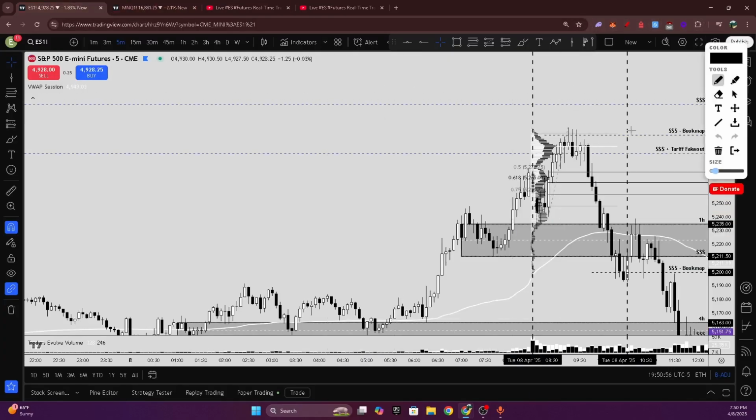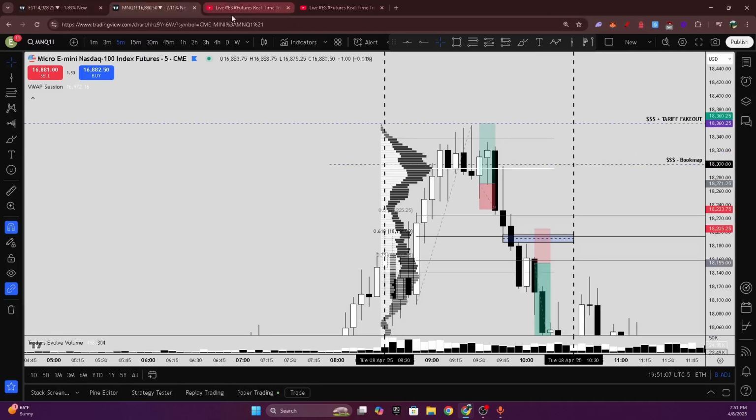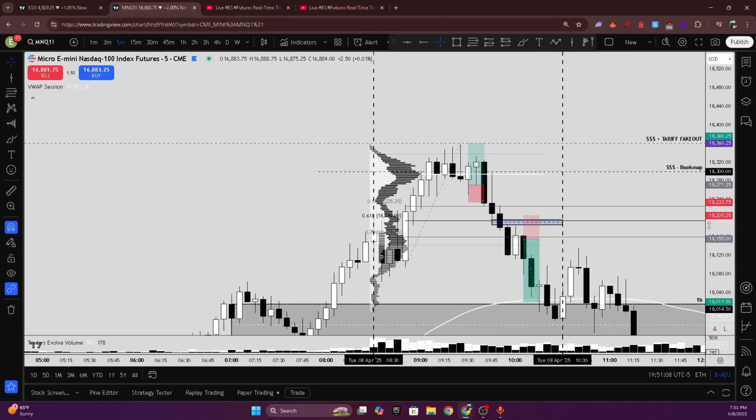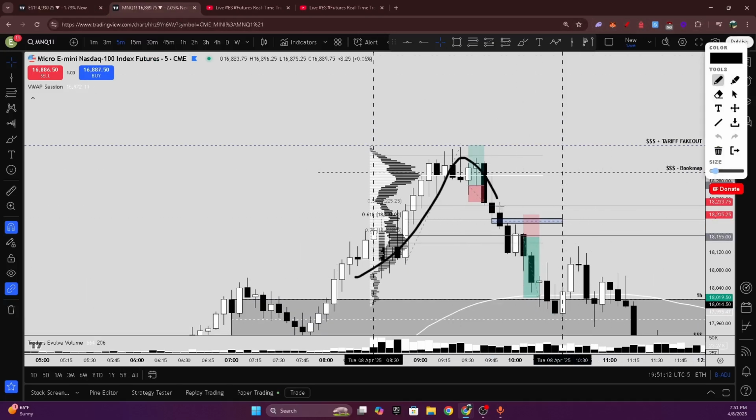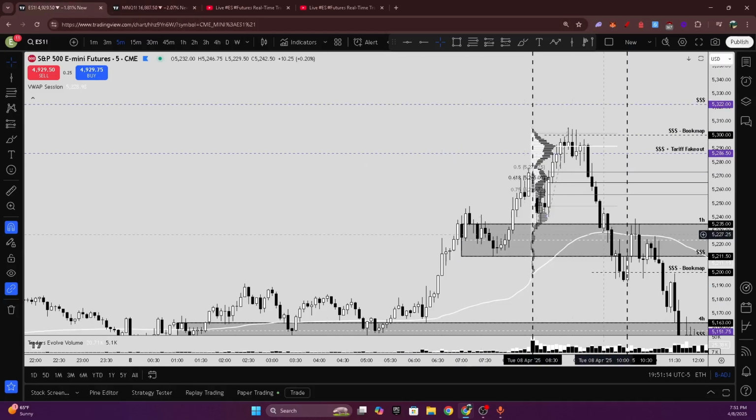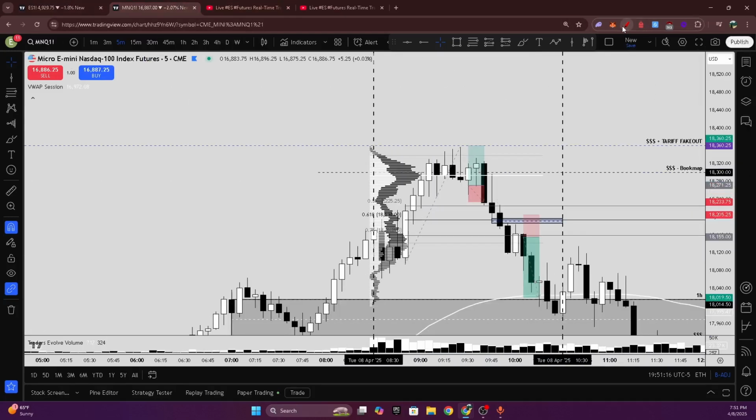Furthermore, on ES, tariff liquidity and main Bookmap liquidity for the day were taken, and fundamentals showed that the price is likely going to head downwards. And VWAP is towards the downside as well. Maybe it's a mean reversion and we head back to VWAP. But we took the longs, thus getting stopped out.